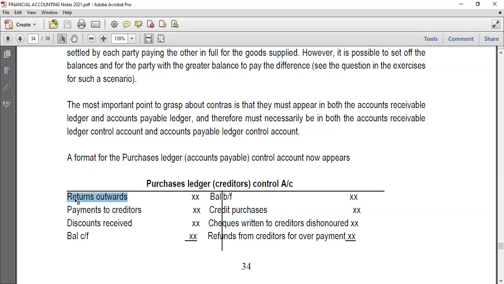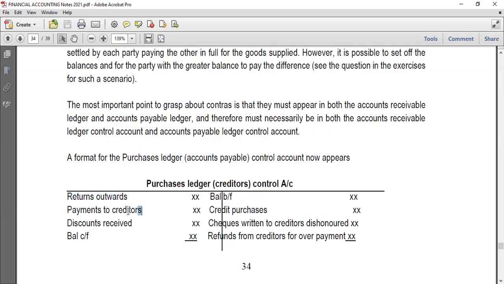Return outwards: when you send back the goods that you've bought from your suppliers, maybe because they don't conform to your specifications, or they actually delivered more than they should have delivered, then that alone should be debited, okay? So that's why we debit it. It should reduce how much we should actually pay our suppliers, because for the value of those goods, we should not pay for them because we have returned them outwards, okay? So that is what happens.